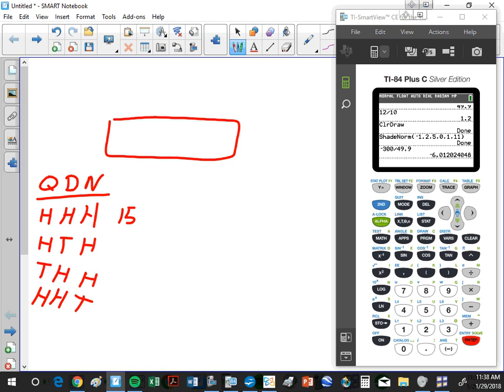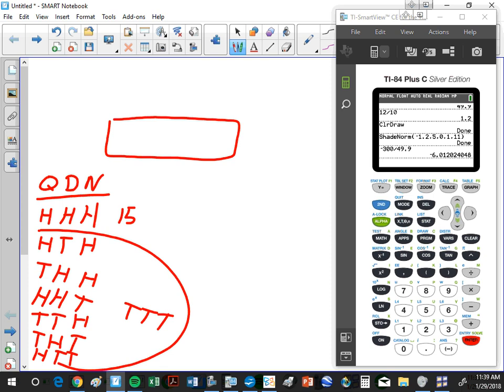What about the double tails? Tail, tail, head; tail, head, tail; head, tail, tail; and tail, tail, tail. So all of these contain a negative 3. So I have one copy of 15 and 1, 2, 3, 4, 5, 6, 7 copies of negative 3.